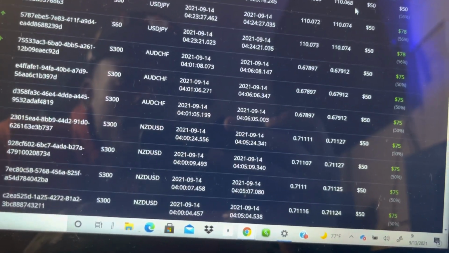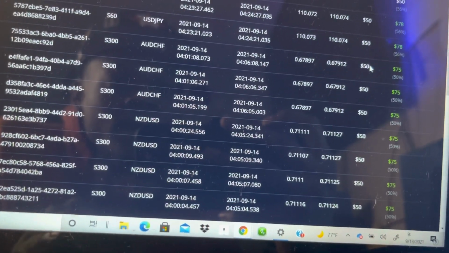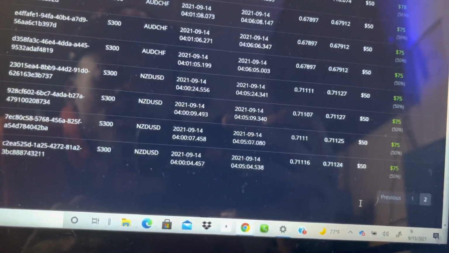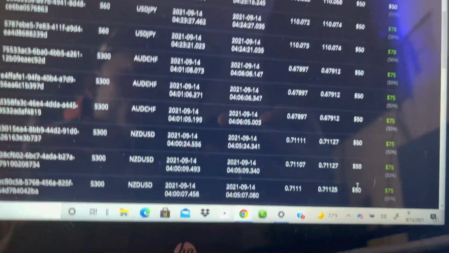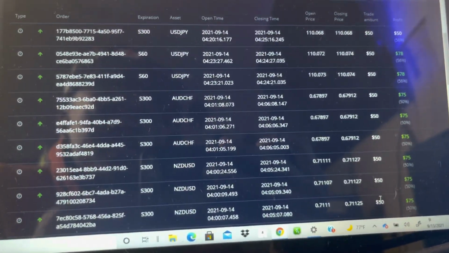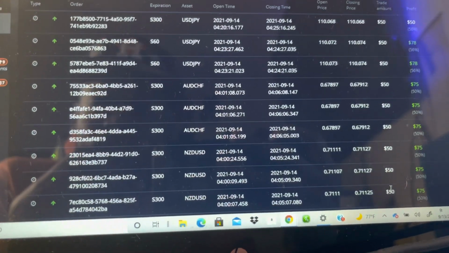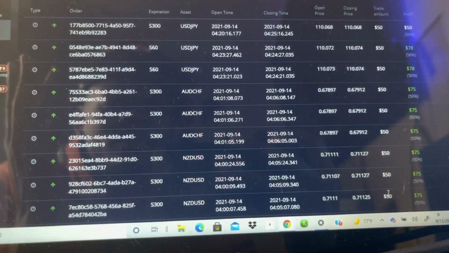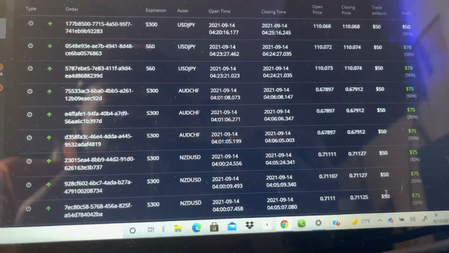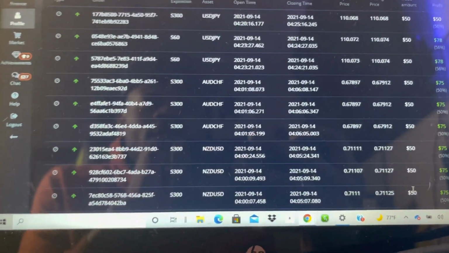So we're 6, 0, and 2, 7, 8, 9, 10, 11, 12, 13, 14, 15. So we had 15 wins, 2 break evens. If you want to count those losses, 15, 2, and 2. So we had 2 break evens, 2 losses, and then 15 wins. So very profitable night so far.